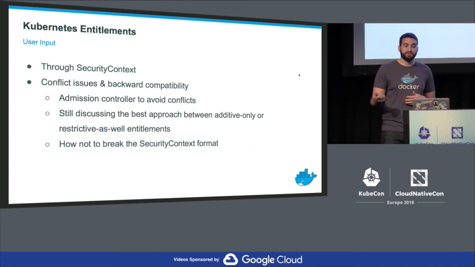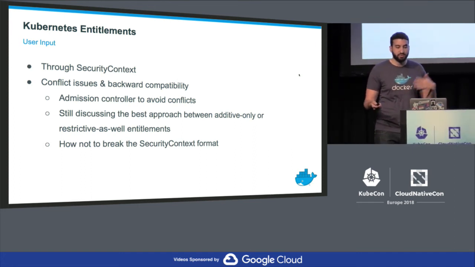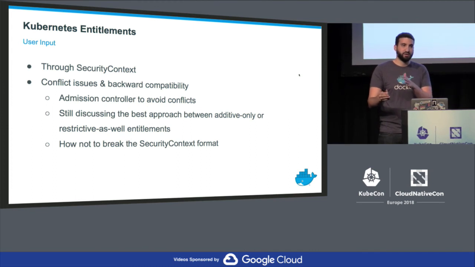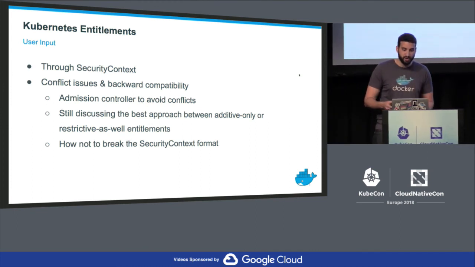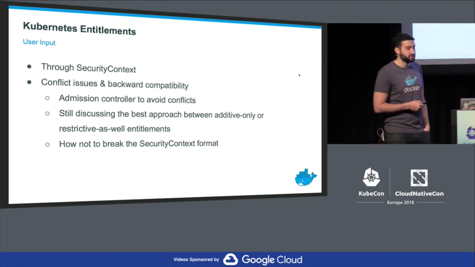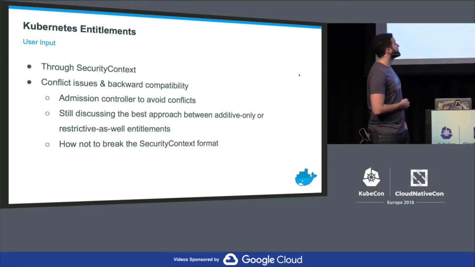There are still discussions about whether we want the entitlements to be additive only, or to set a default and then allow the ability to restrict more. And we sure don't want to break the security context format, so this is going to be TBD.